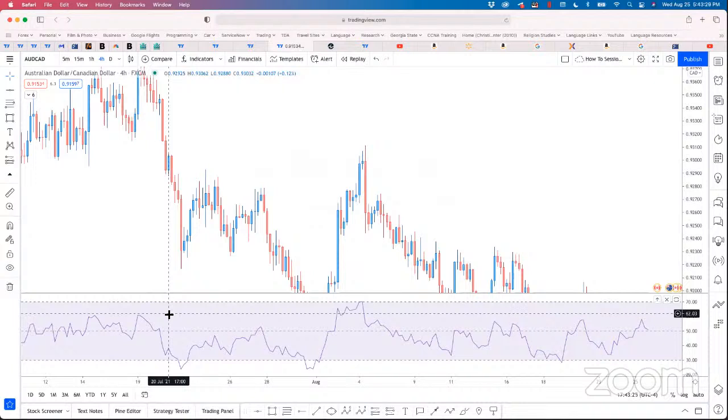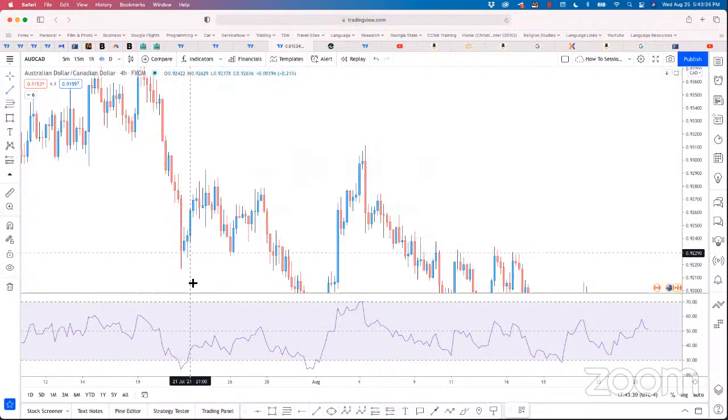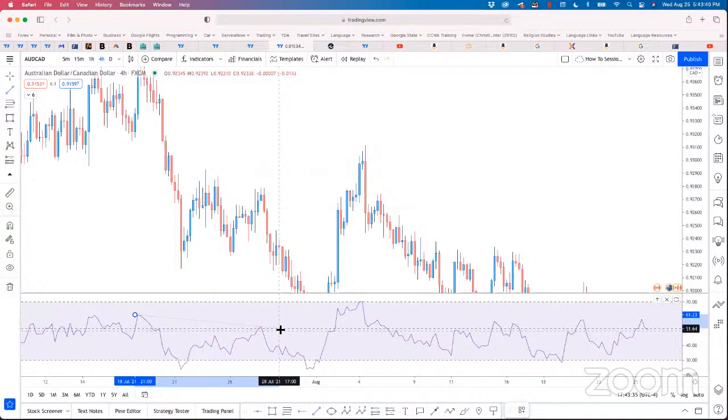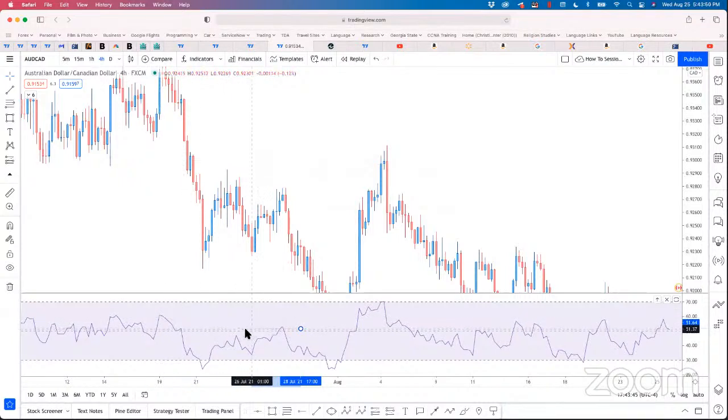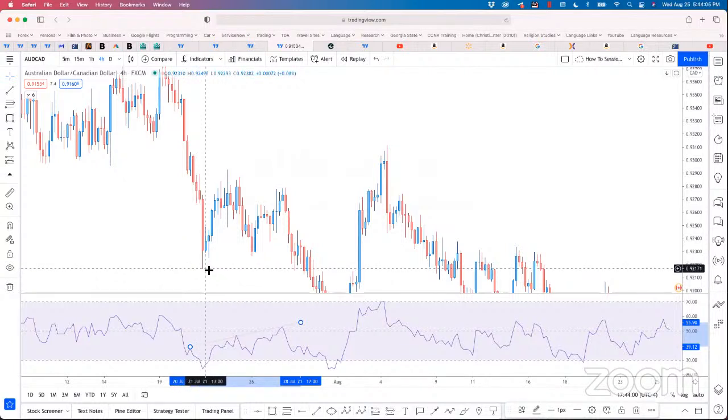So we'll look at this little area right here. From here to here, RSI was showing us up signals, that we should be going up, basically once this low was made.